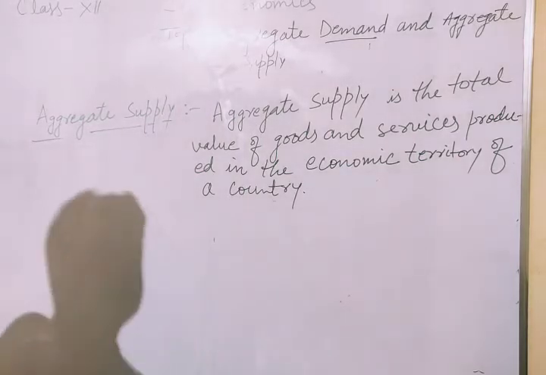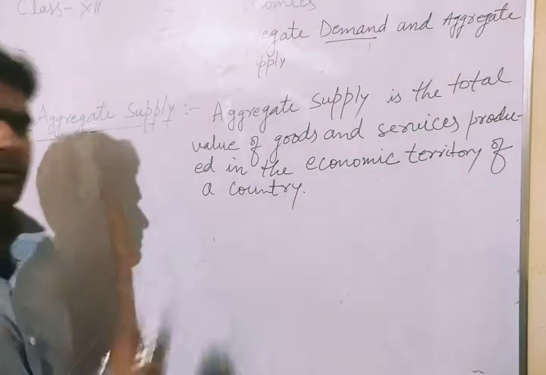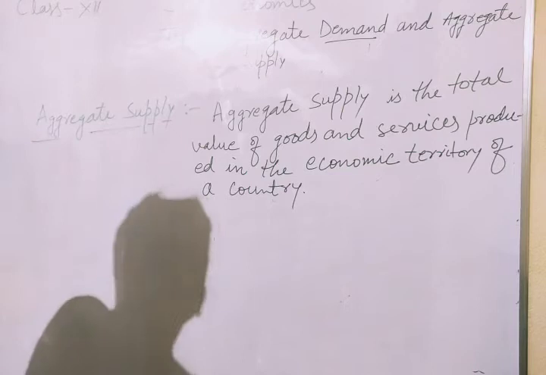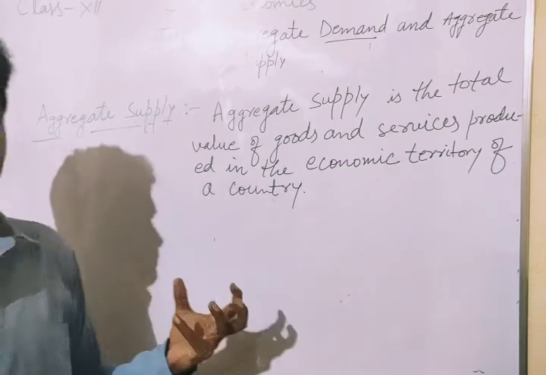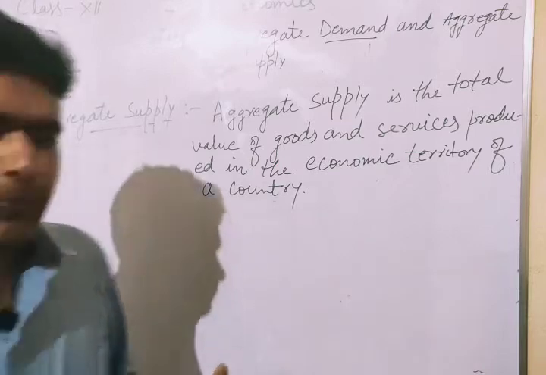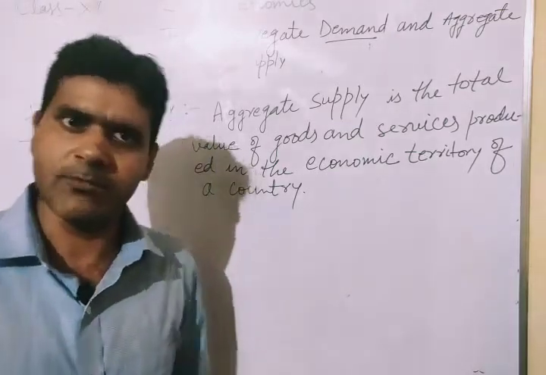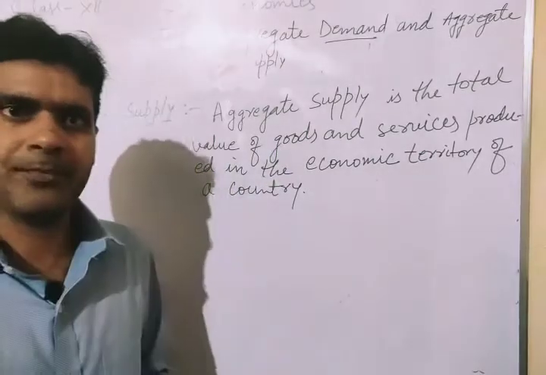So dear students, here I have written the aggregate supply. Aggregate supply is the total money value of all final goods and services which are produced within the domestic territory of a country.